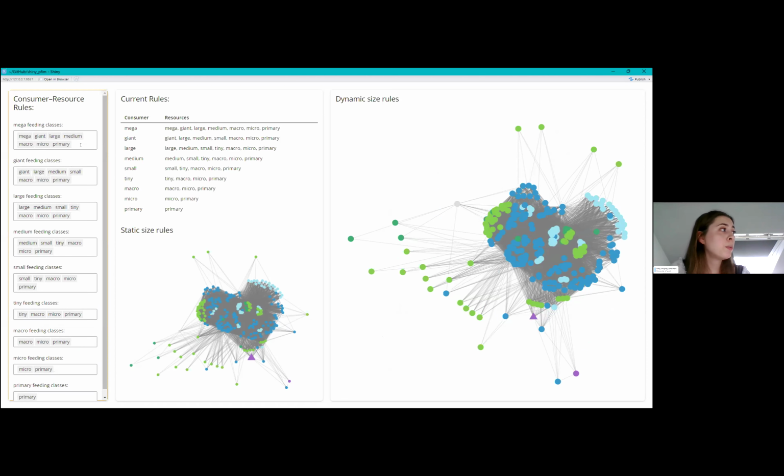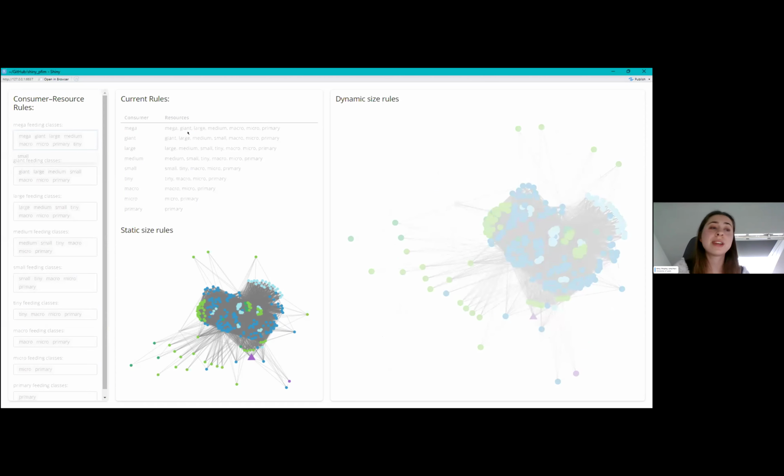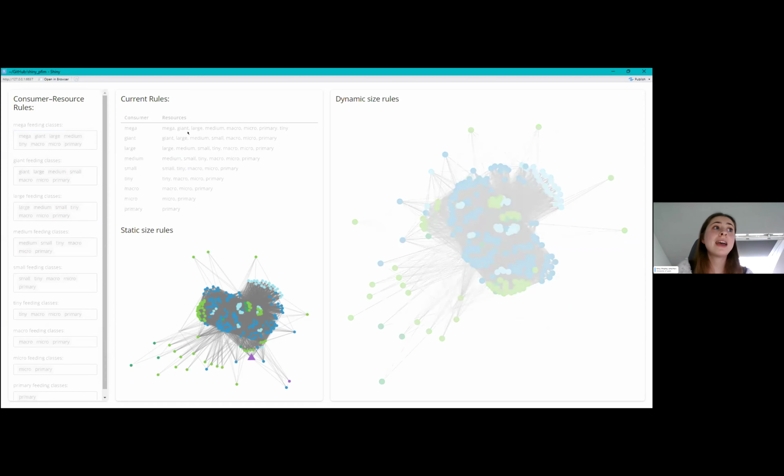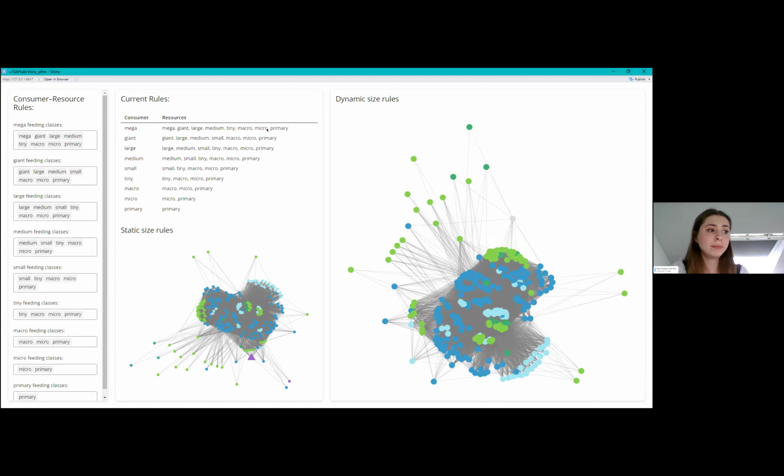But if I were to, in the mega feeding category, so for taxa larger than 12 meters, if I were to allow them to feed on tiny taxa, so taxa within and below 1 meter, this again really changes the food web structure. So we've lost trophic level 6 again, and our megalodon is now sat in trophic level 5 down here.